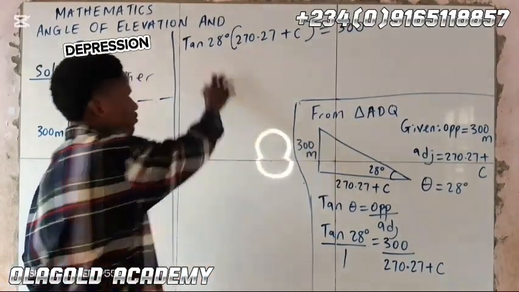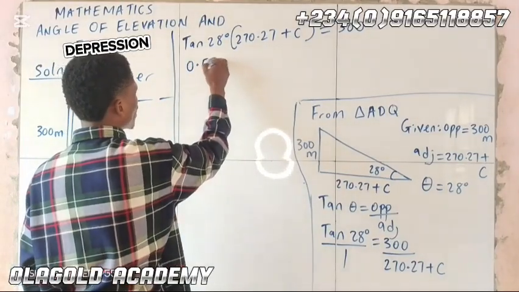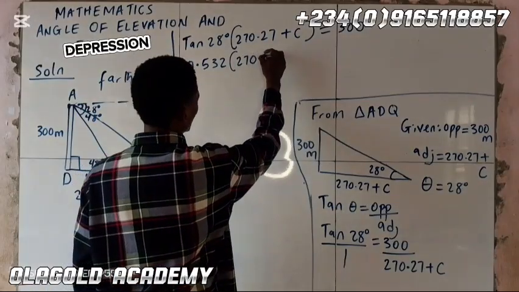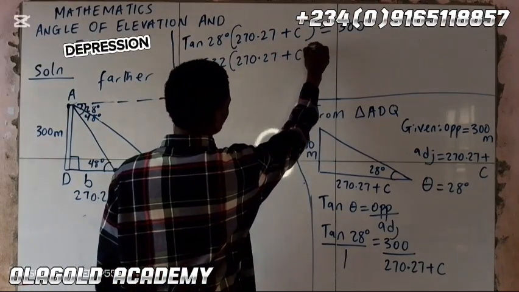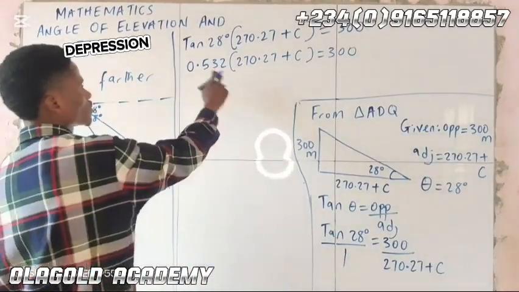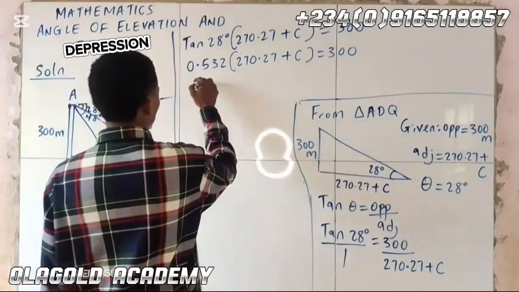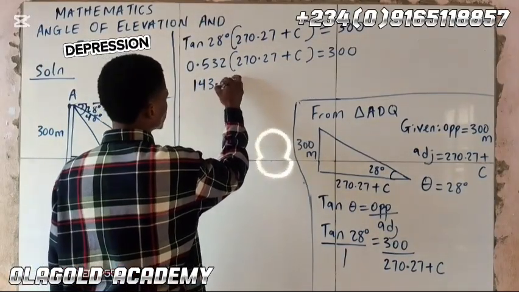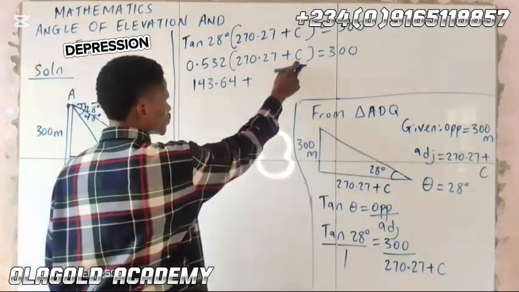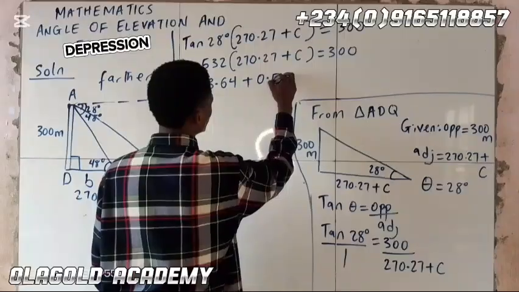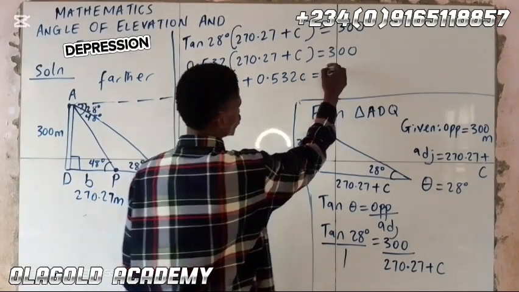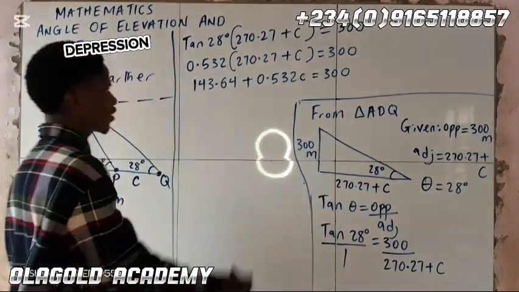Tan 28 is 0.532, multiplied by 270.27 plus c equal to 300. Let me open the brackets. This times this is 143.64, plus 0.532c, equal to 300.